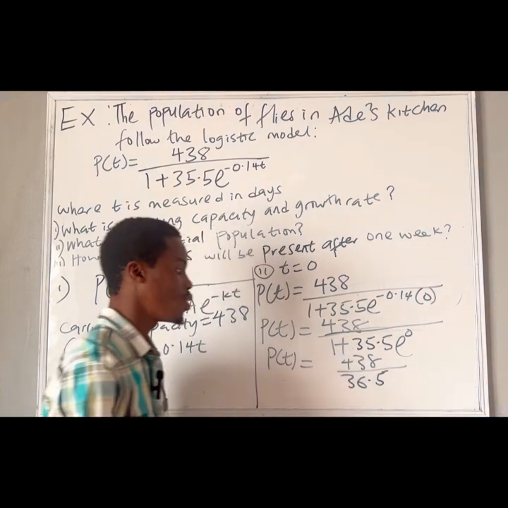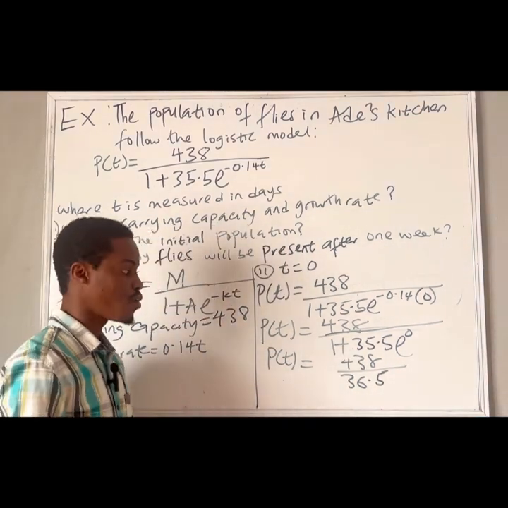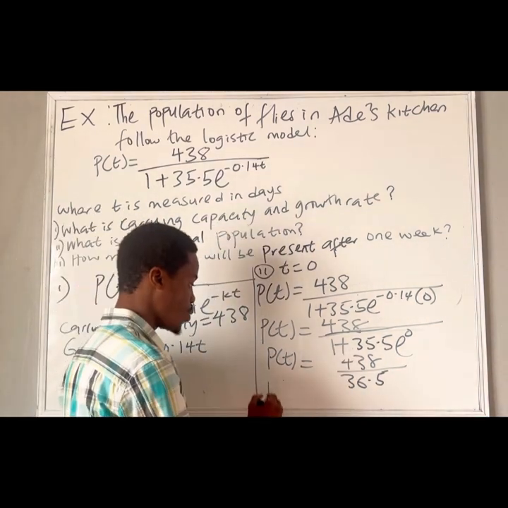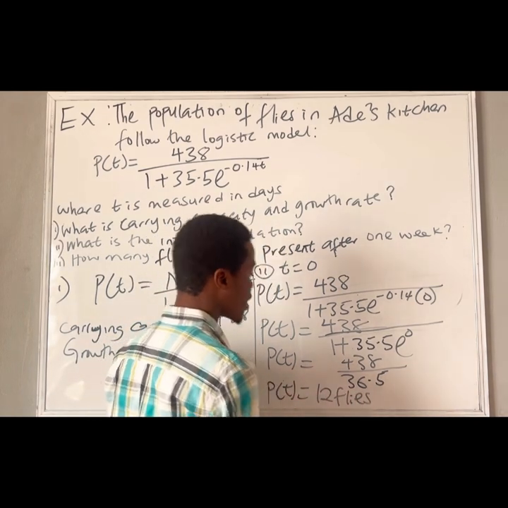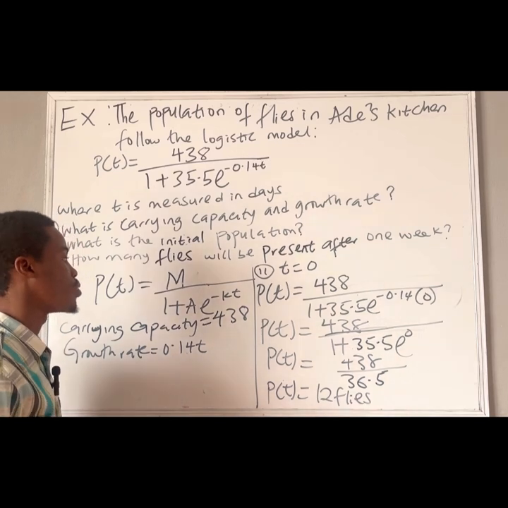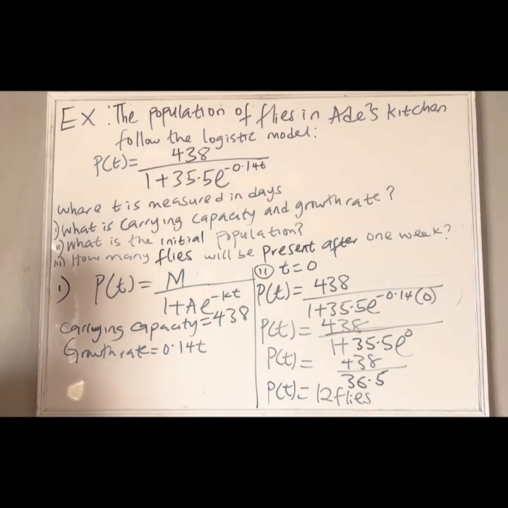If you divide 438 by 36.5, you get 12. So P(t) is 12 flies at t equals 0. The initial population of the flies is 12.